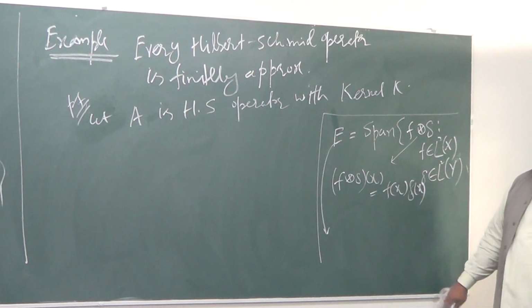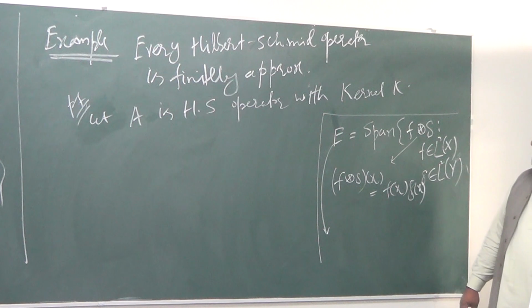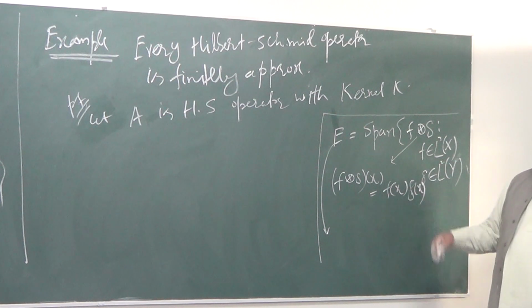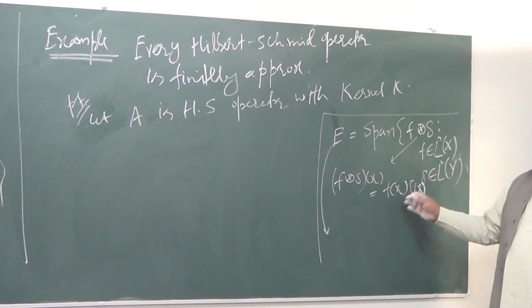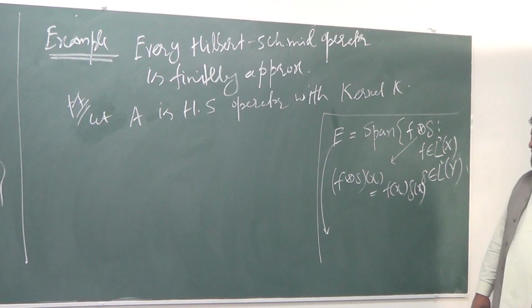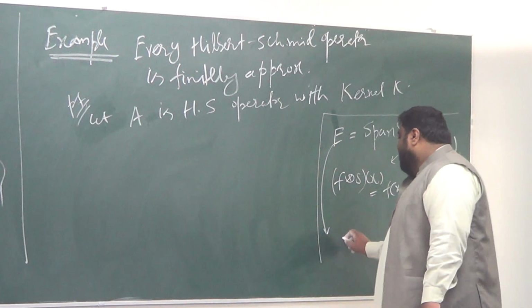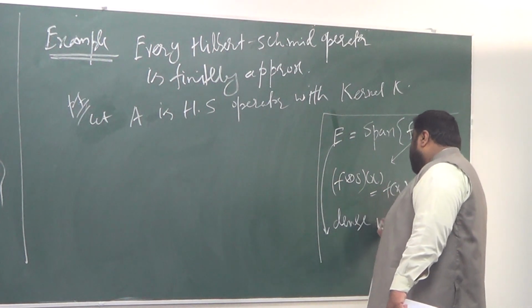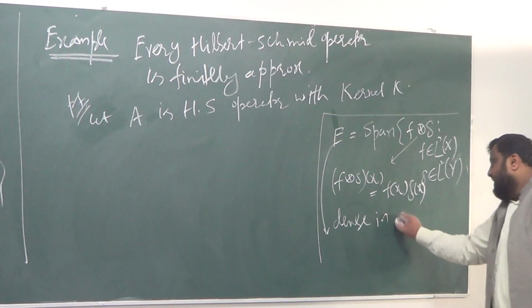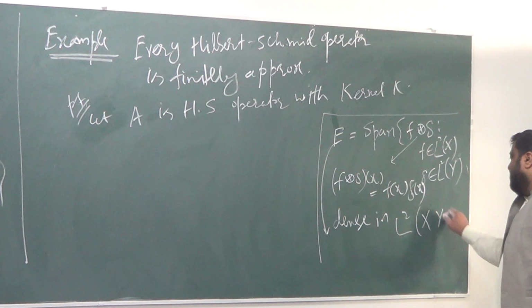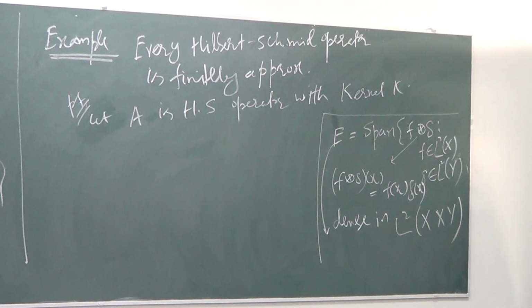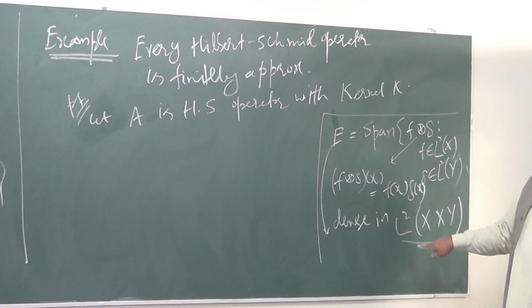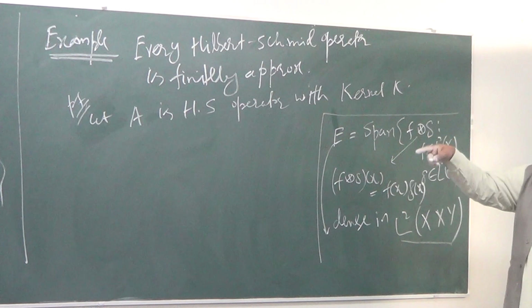I don't have time to get into the interpretation of it, but essentially it is simply a collection of products of the functions F and G. Now, this space E is dense in L2 of X cross Y. Okay? From where we take our kernels? We know that our kernels belong to this space. So if your kernel belongs to this space, you get a Hilbert-Schmidt operator by definition actually.